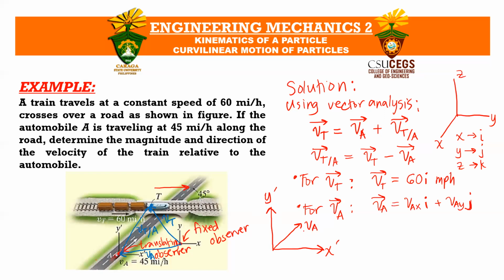For us to write that into vector form, we will determine first the x and y components. Here we have its x component and also the y component. And the angle from the horizontal, or from the x-axis, is equal to 45 degrees. So 45 degrees is this one.